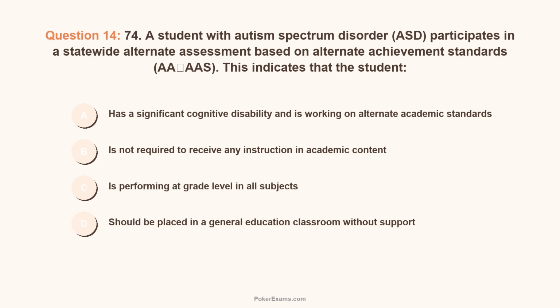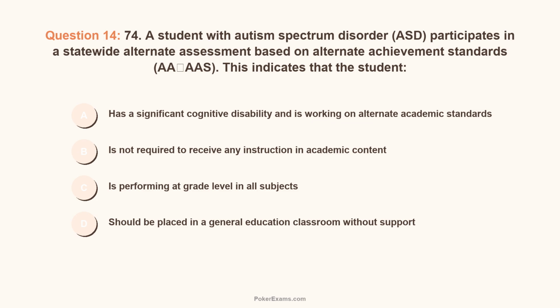Question 14. 74. A student with autism spectrum disorder, ASD, participates in a statewide alternate assessment based on alternate achievement standards, AAAS. This indicates that the student has a significant cognitive disability and is working on alternate academic standards. Is not required to receive any instruction in academic content.